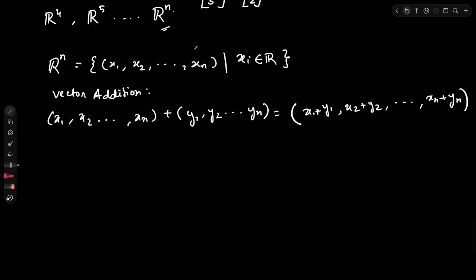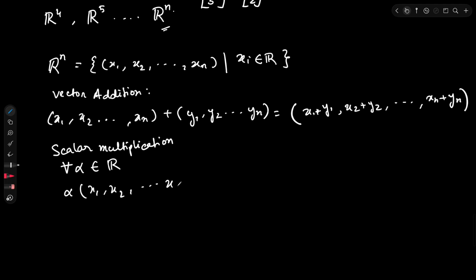Same with the scalar multiplication. We can actually scale vectors, and we can say it like, for all alpha belongs to R, alpha times x1, x2, dot dot dot, xn is equal to alpha x1, alpha x2, dot dot dot, alpha xn.